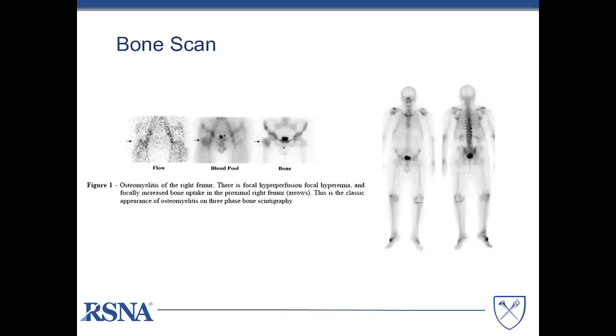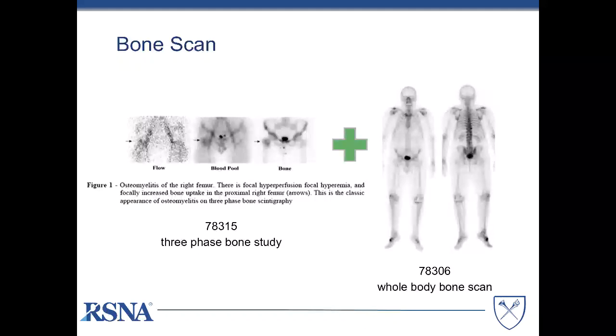Here we have two bone scans. In the image on the left, we have a 3-phase bone scan. In the image on the right, we have a whole body bone scan. What if these were performed on the same patient on the same day? Can you bill for both codes?